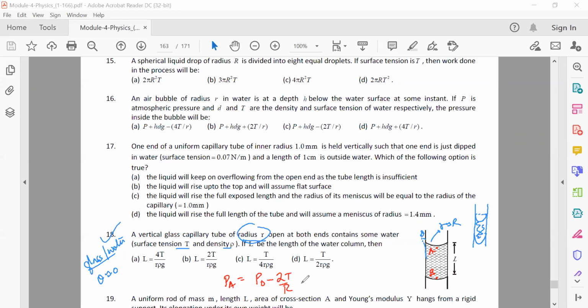Okay. And the pressure at the point B should be equal to atmospheric pressure plus 2T by small r. This is on the basis of excess pressure inside a spherical surface. So from this you can see that pressure at B minus pressure at A is 4T by R, and that should be equal to rho g L. So from that you will get L. Is this clear, Dhruv? Yes.